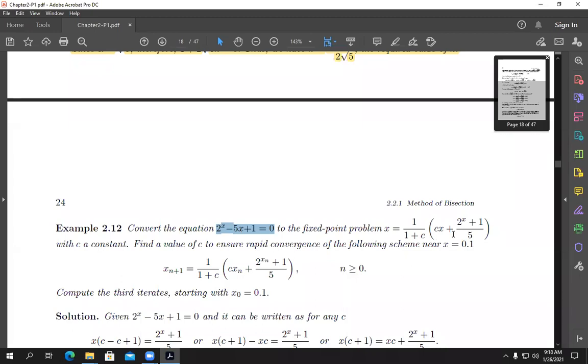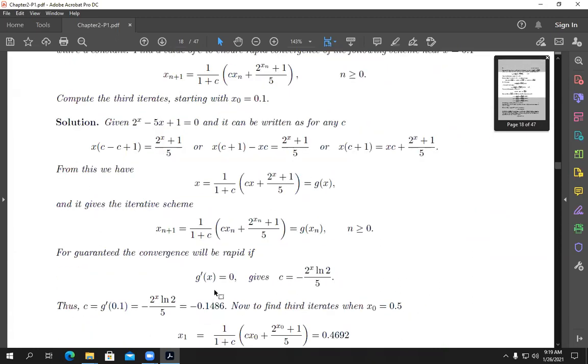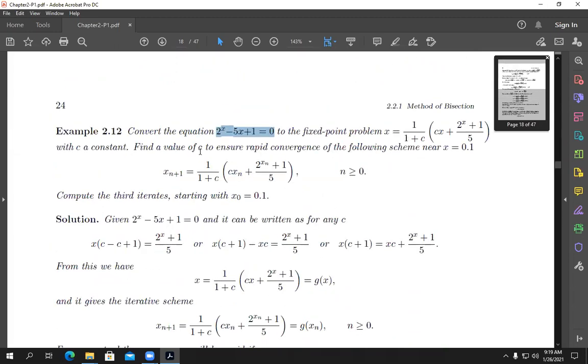So very simple, same way. Then he says compute the third approximation starting with this one, after finding the value of C with the condition he gave again. He says find the value of C. There I use K, here I use C to ensure the rapid convergence.